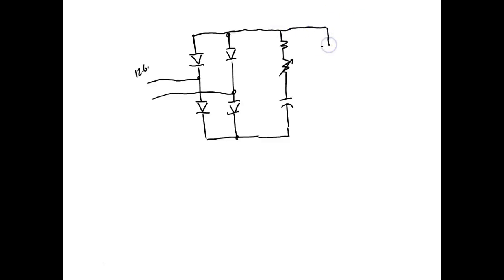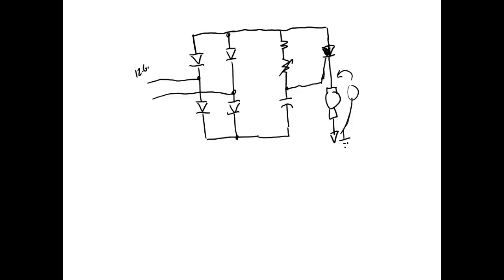Now, so I can see what's going on with my scope, I'm going to put the SCR up here. And we'll fire it right here. And then I'm going to put my motor down in the cathode. Now, why I'm doing that is so I can look at this with an oscilloscope. If it was up in the anode, we can't put this lead on our scope, which is ground.